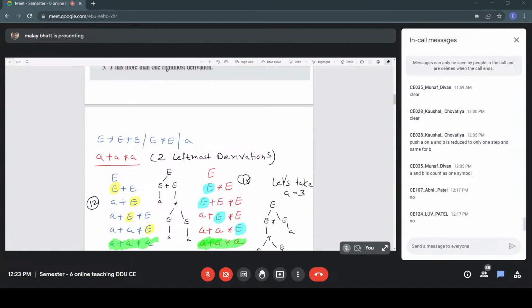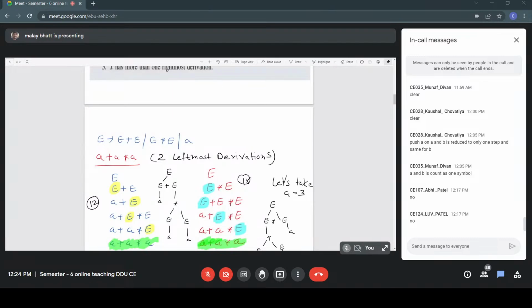So here we are considering E gives E plus E or E into E or A. So it is again a context-free grammar. Now for the string A plus A into A, we have different leftmost derivations possible. You can see E gives E plus E. Now for the first E, we are writing A plus E, because the first E is the leftmost non-terminal.